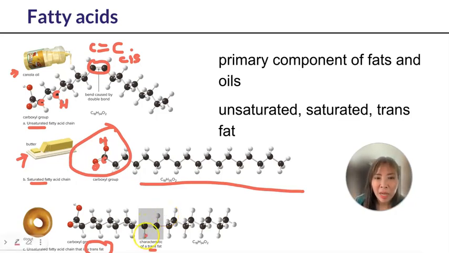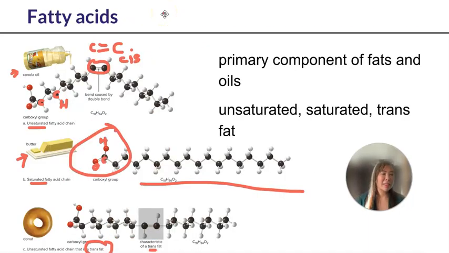Because of the way it's forming, the hydrogens end up trying to give themselves space, so it forms more of a bend. Whereas here, because they're on the opposite sides, we don't form that same bend.